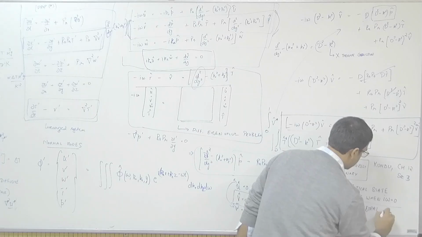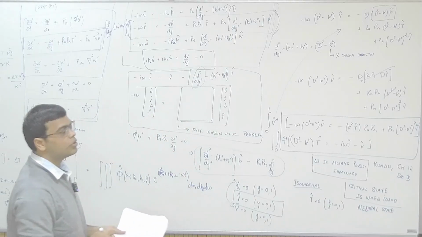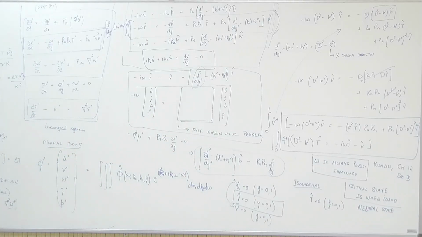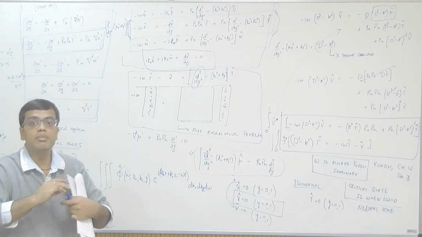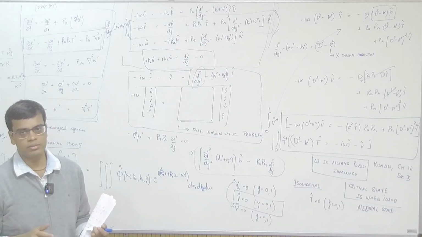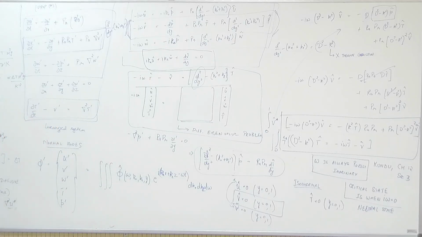So what is the intuitive evolution of a neutral state? In a purely stable state, you give some perturbations to the system, perturbations will die down exponentially and you will retrieve back your base flow. A neutral state is where you give some perturbations to the system and they remain as they are forever.